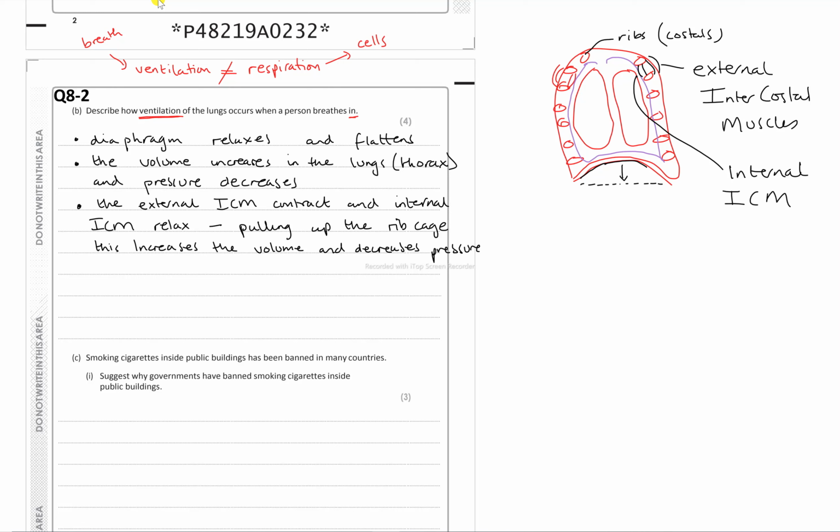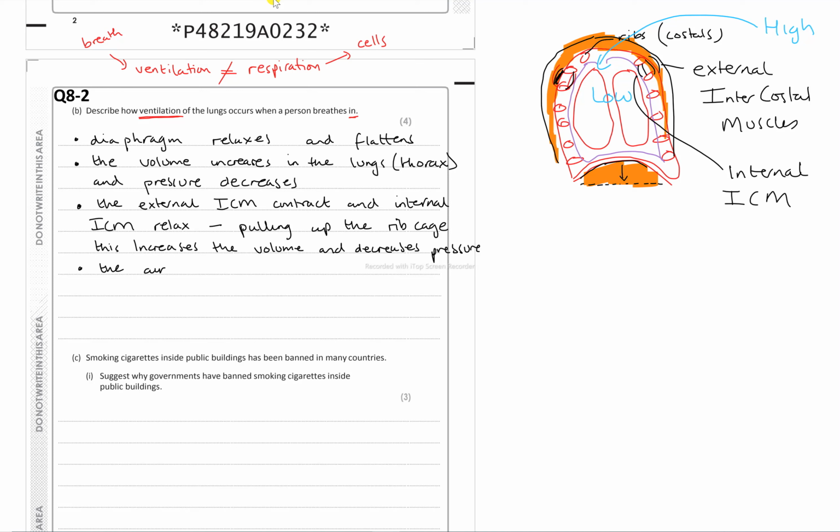So look, that's contracted, that's relaxed, so the whole rib cage is moved up. So now you've got extra volume here. You've got extra volume here. That's decreased the pressure. So now you have low pressure here and high pressure outside. So air is going to move from high to low to be even.